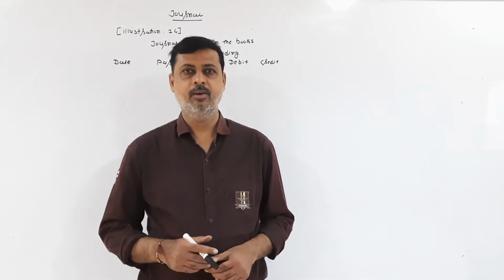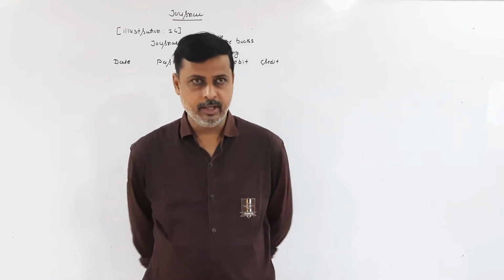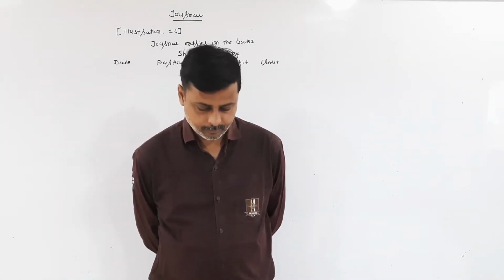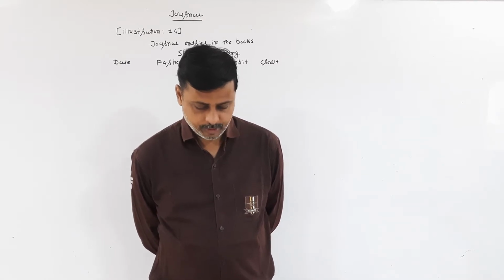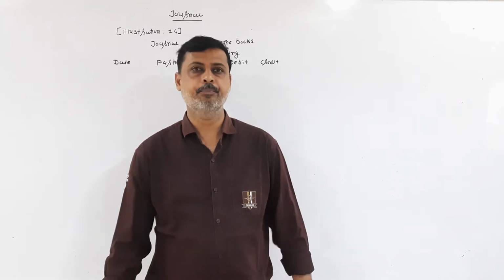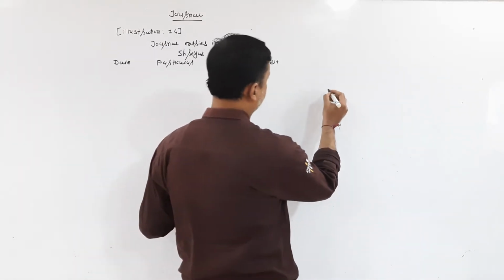2019, first transaction, January 1st. Transportation expense paid by check 1800. So transportation expense is given 1800.